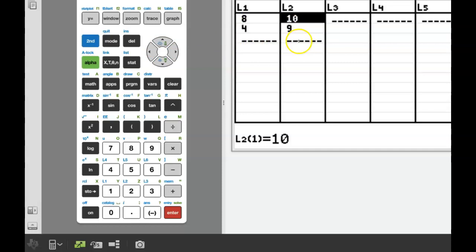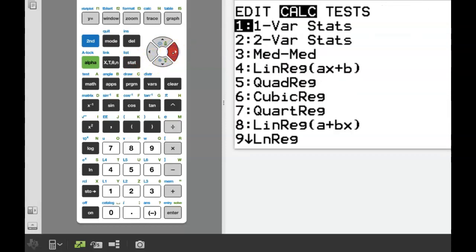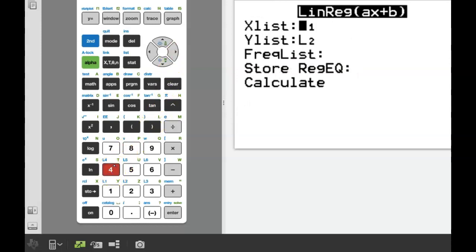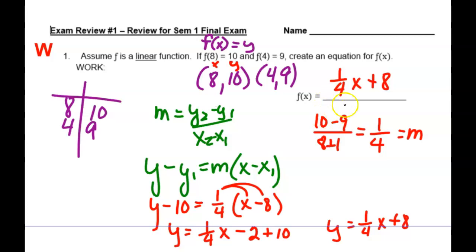The x is in list 1, the y is in list 2. And then it's stat, right arrow, choice 4 is what we used. You don't need to store anything, so you could just go down to calculate. Now, it says 0.25 and 8. Is that the same thing as this?